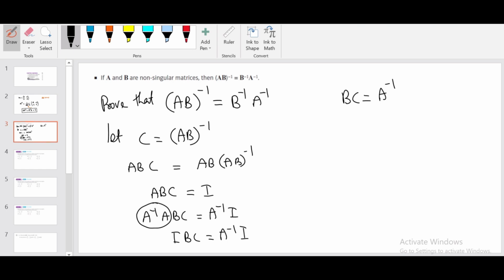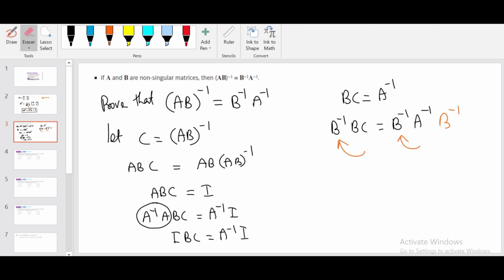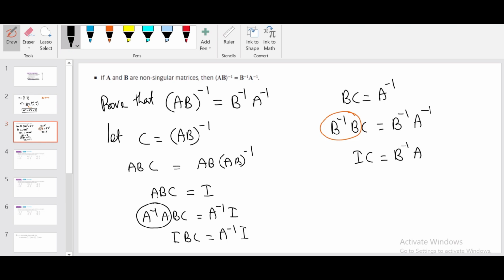I'm going to multiply both sides by B inverse now. B inverse BC is B inverse A inverse. You see, I'm adding this B inverse on the left hand side. Both sides should be left hand; you cannot put B on this side. That's wrong. Now, this can be combined into I. IC is B inverse A inverse, so C is B inverse A inverse.